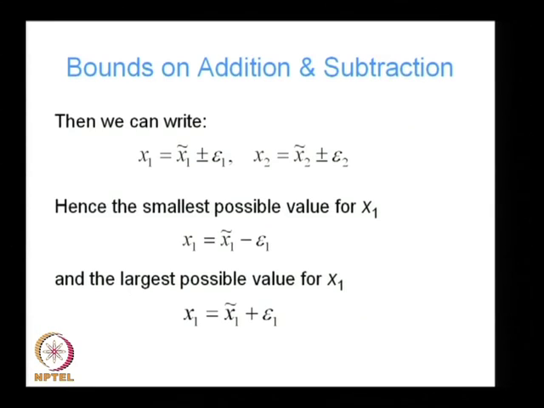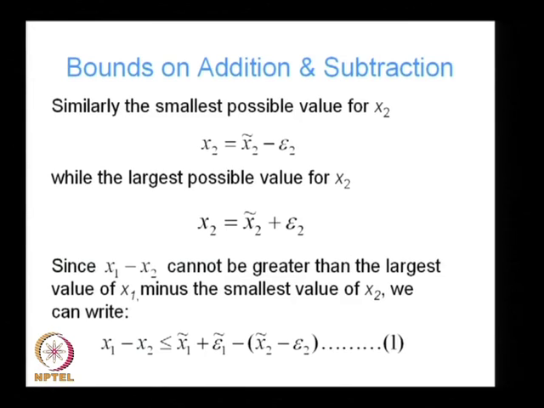Hence, the smallest possible value for x1 is equal to x1 tilde minus epsilon 1 and the largest possible value for x1 is equal to x1 tilde plus epsilon 1. Similarly, the smallest possible value for x2 is also x2 tilde minus epsilon 2, where epsilon 2, recall, is the error in x2, and the largest possible value for x2 is x2 tilde plus epsilon 2.